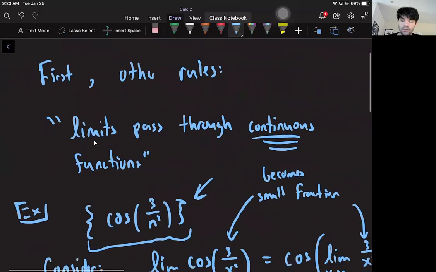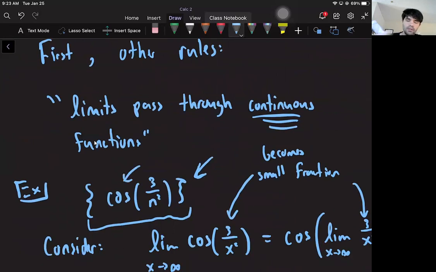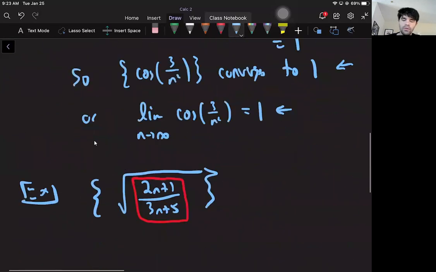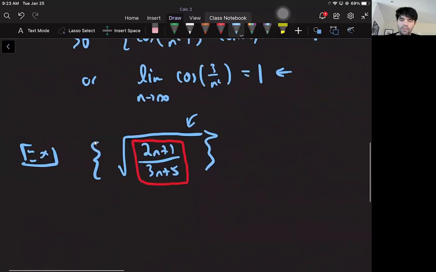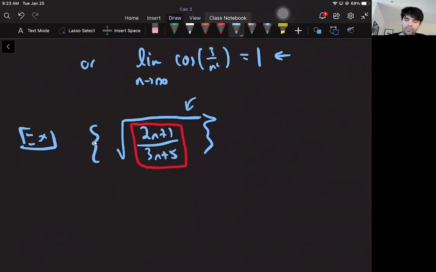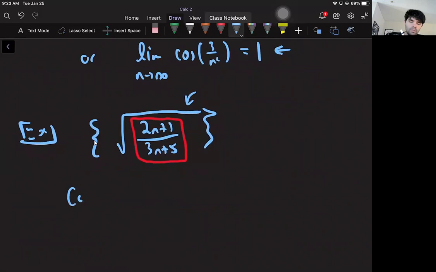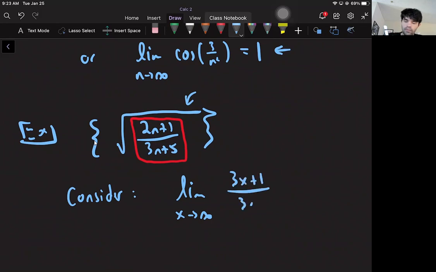And we're always dealing with continuous functions in this class. Cosine is continuous. The square root is continuous. So we don't have to worry too much, and we can just do this the same as before. So again, we consider the function instead of the sequence, and we consider the limit as x goes to infinity of the function. Oops, sorry, that was a 2 on top.